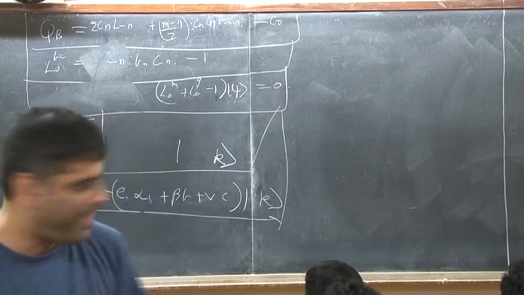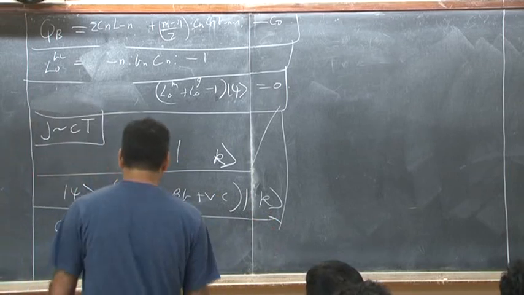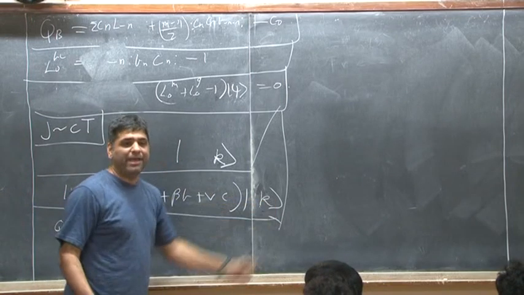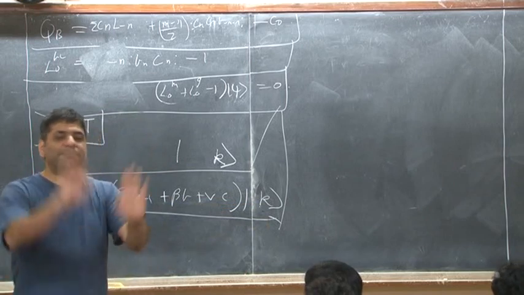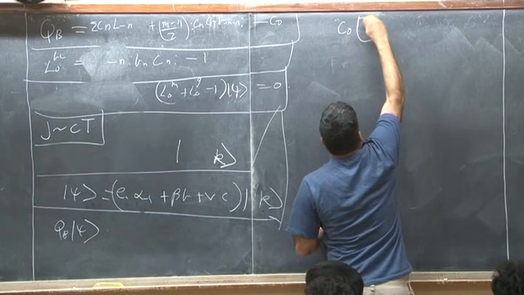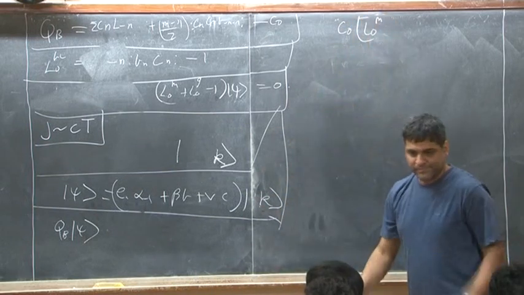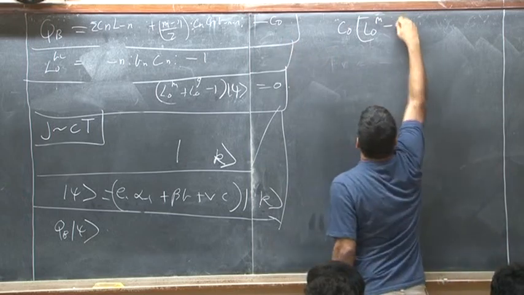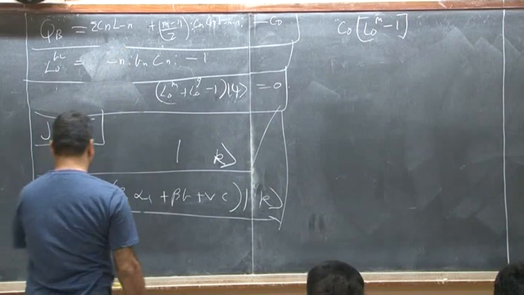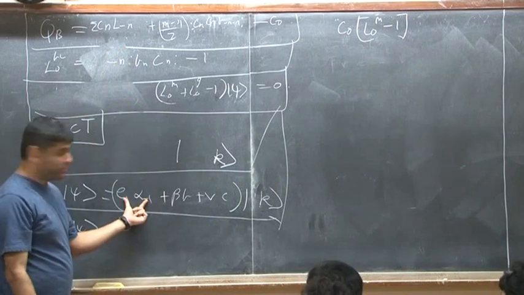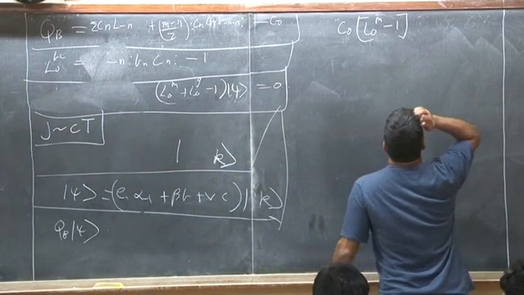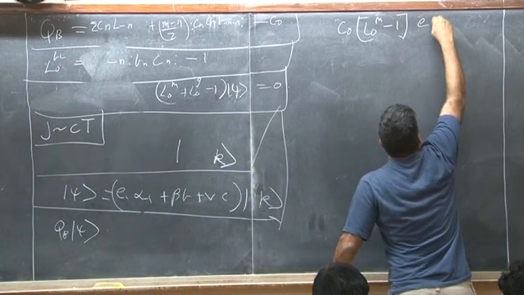So it's just there. Both these states are there, and they're proportional to C0. We'll keep them aside. So we get a term that is C0 times L0 matter minus 1 acting on this E dot alpha minus 1.